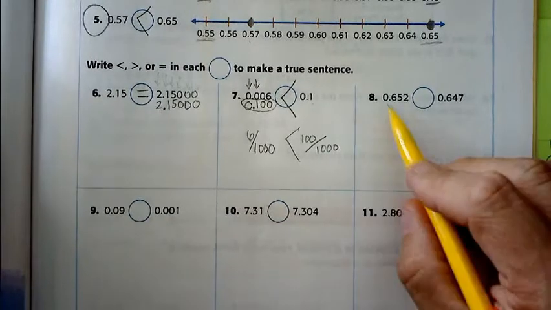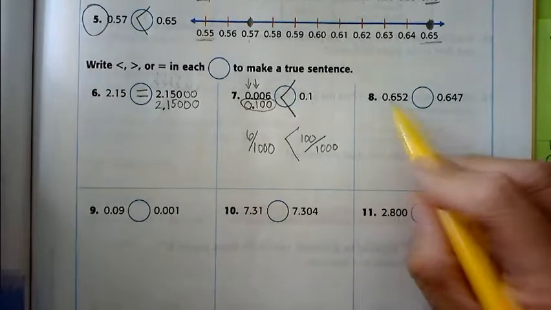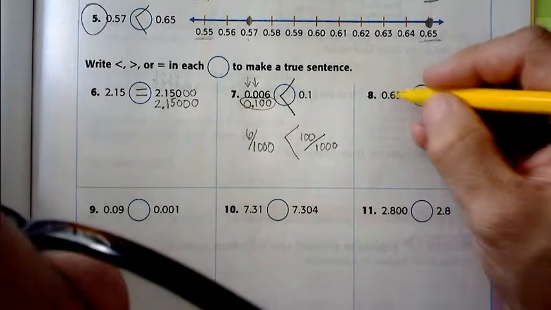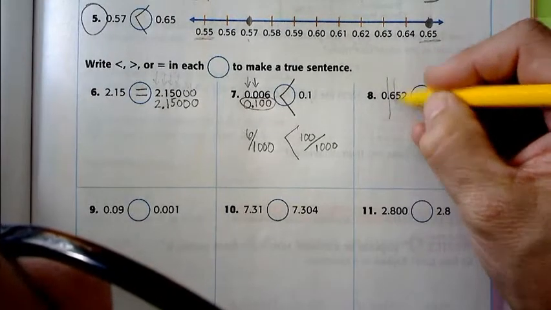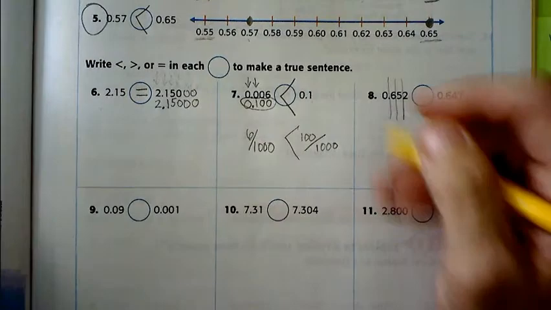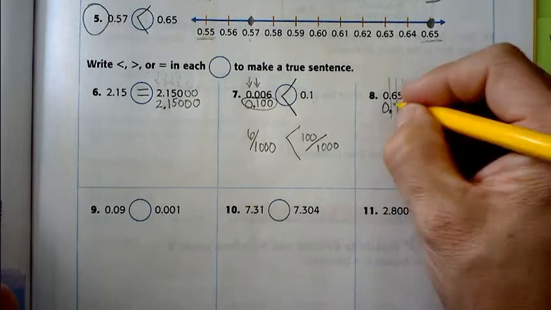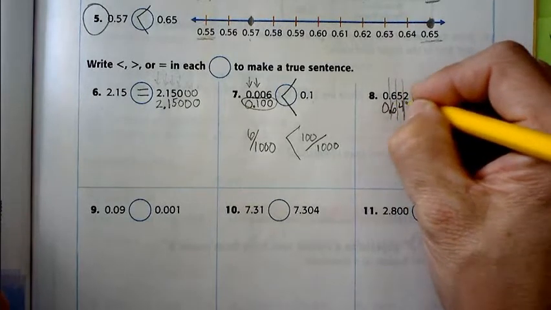Okay, let's do number 8. We're going to stack them up. You can go either way you want. I like to write nice and neat underneath. If you want to draw lines like this to help you keep it nice and neat, that might help you out. 0 point, I'm going to write 647.